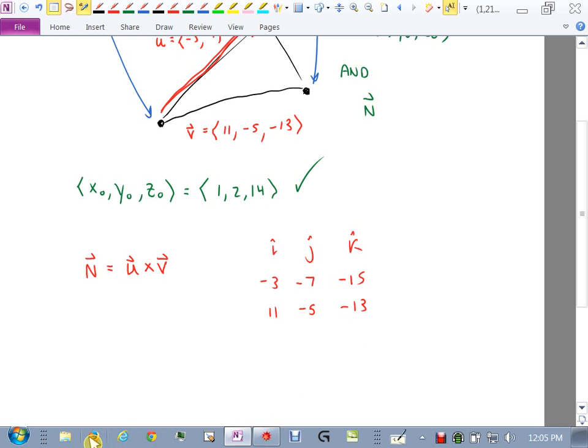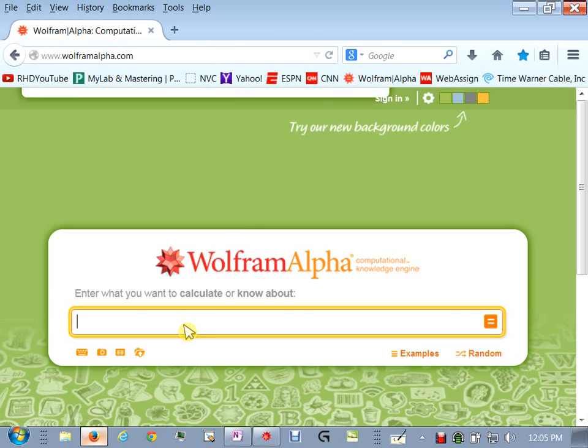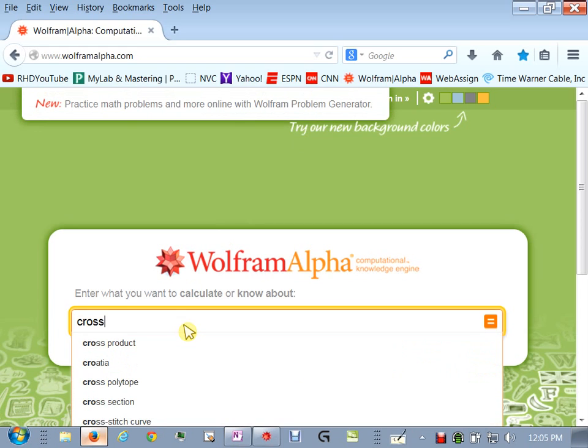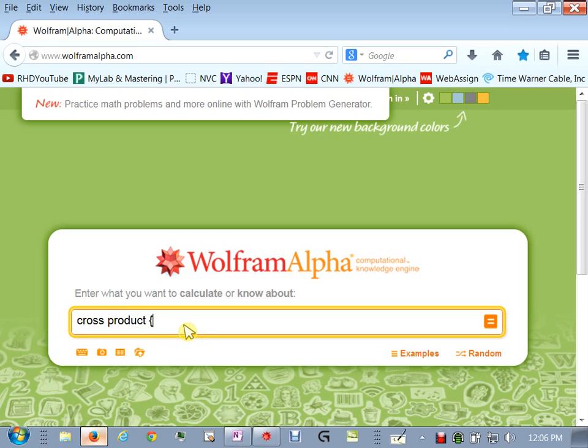What's wrong? The thing is, you can't use Wolfram alpha. Someone give me the vectors here. Cross product. What are the vectors I'm crossing? Let's double check.